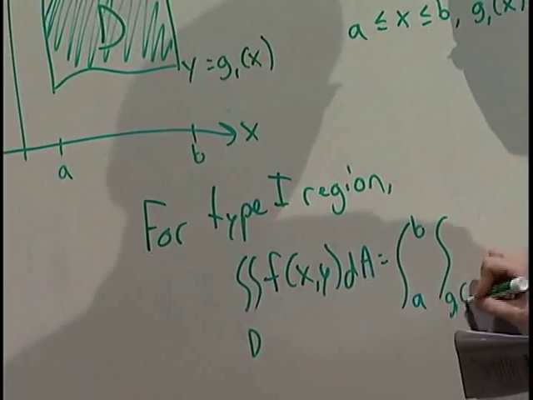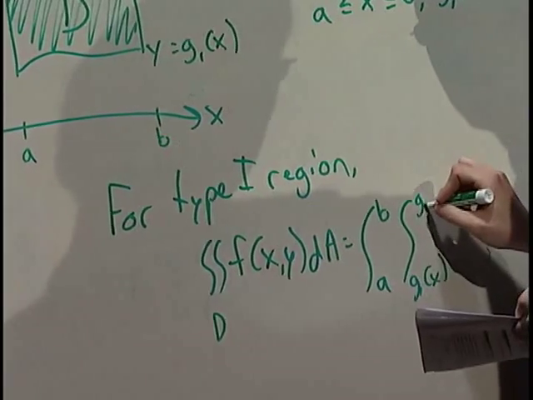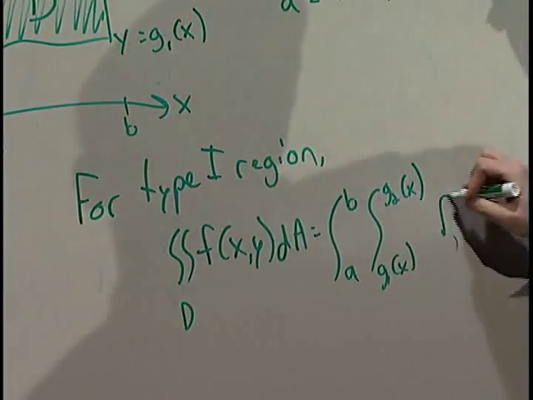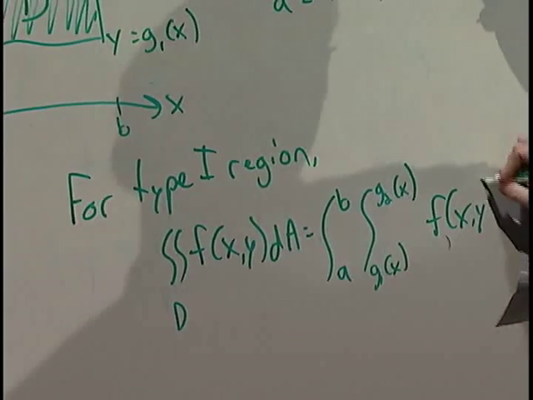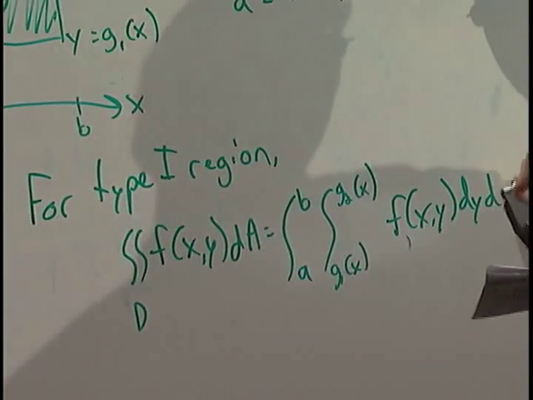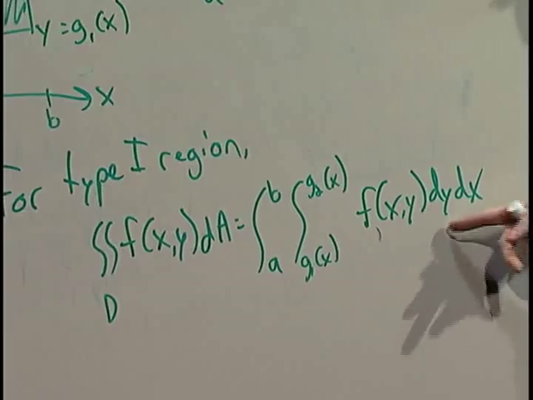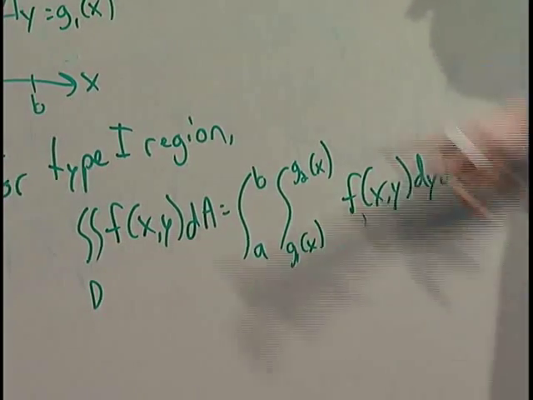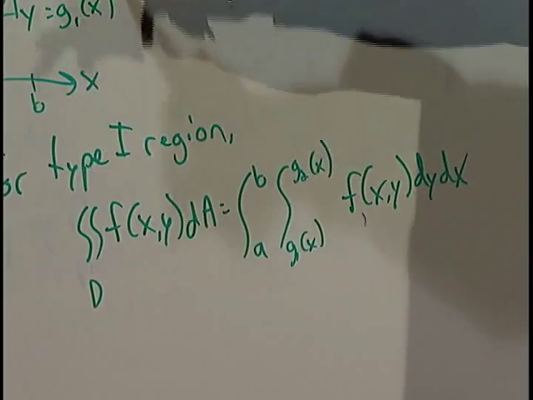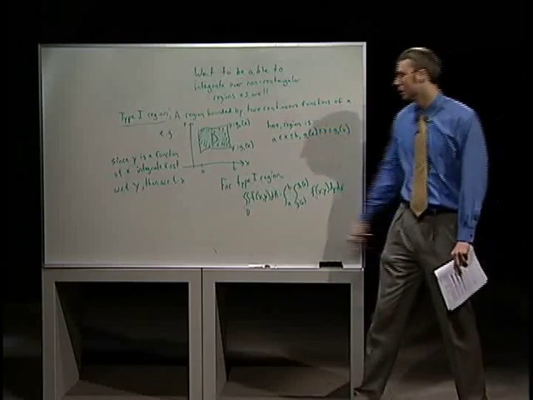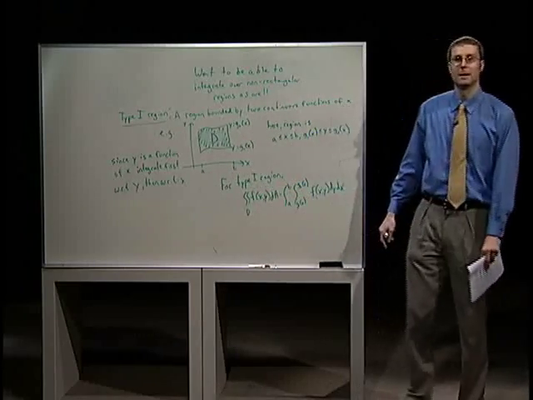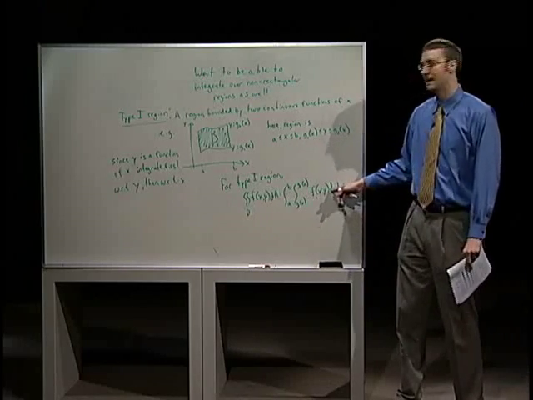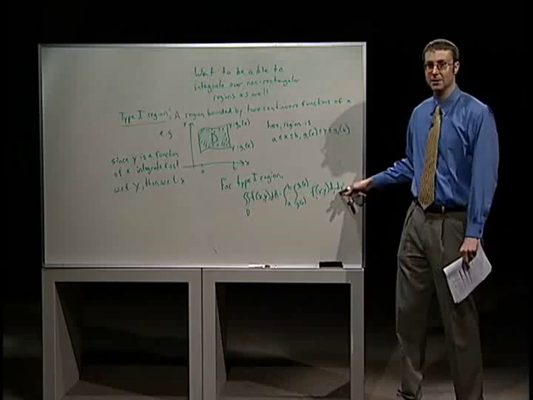So g1 of x, g2 of x, right? f of x y, with respect to y first, then with respect to x, right? So we're integrating from the lower limit of integration with respect to y here to the upper limit, right? And then the lower limit of x to the upper limit of x. So lower limit, upper limit, with respect to y first, with respect to x second. Okay?